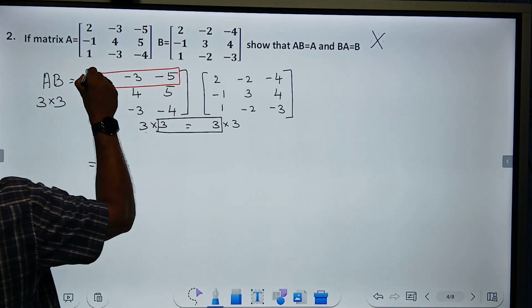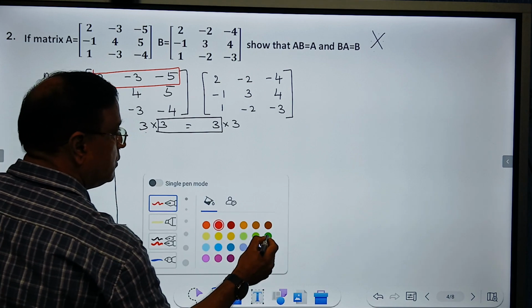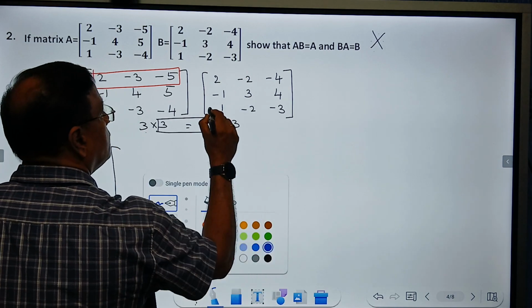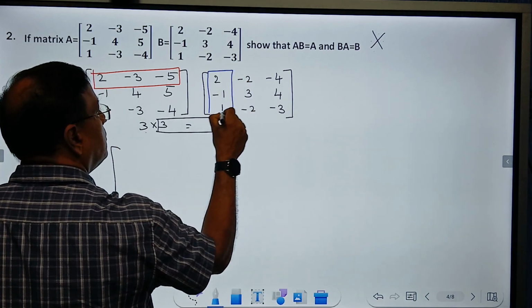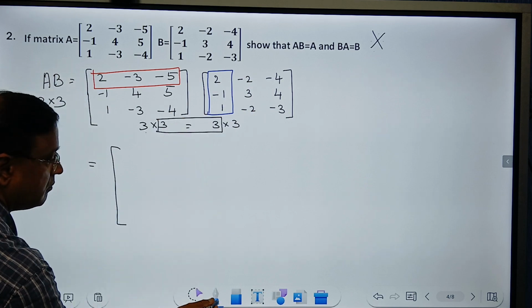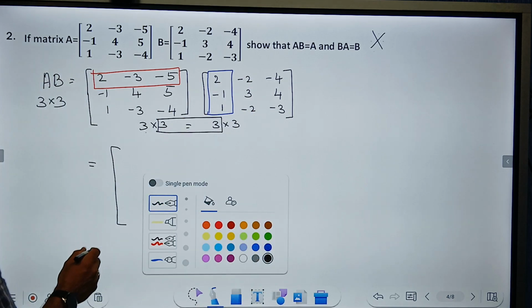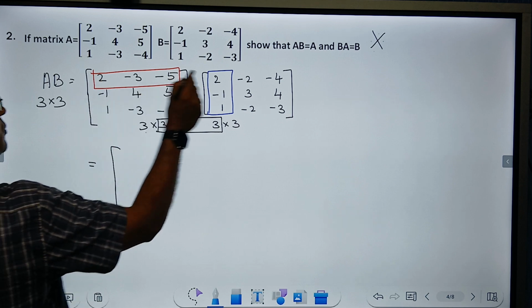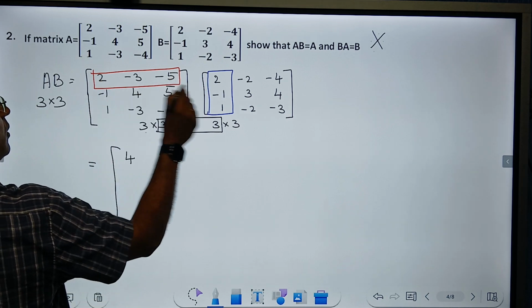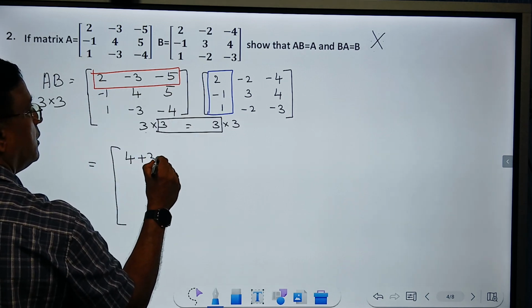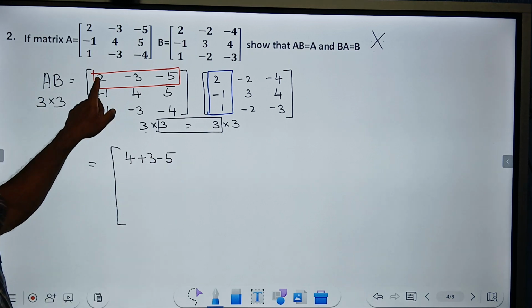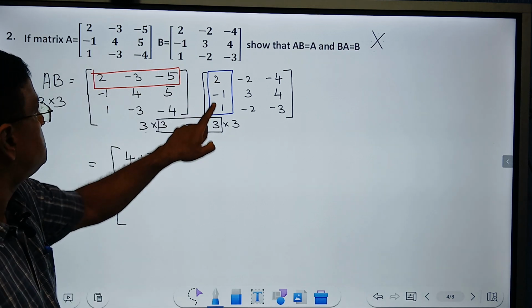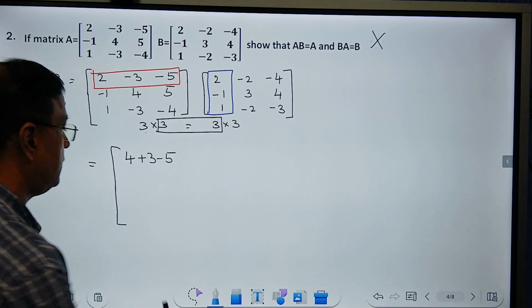First row and first column. Tell me. First pair them. 2 into 2, 4 plus 3 minus 5, correct? 4 plus 3 minus 5.